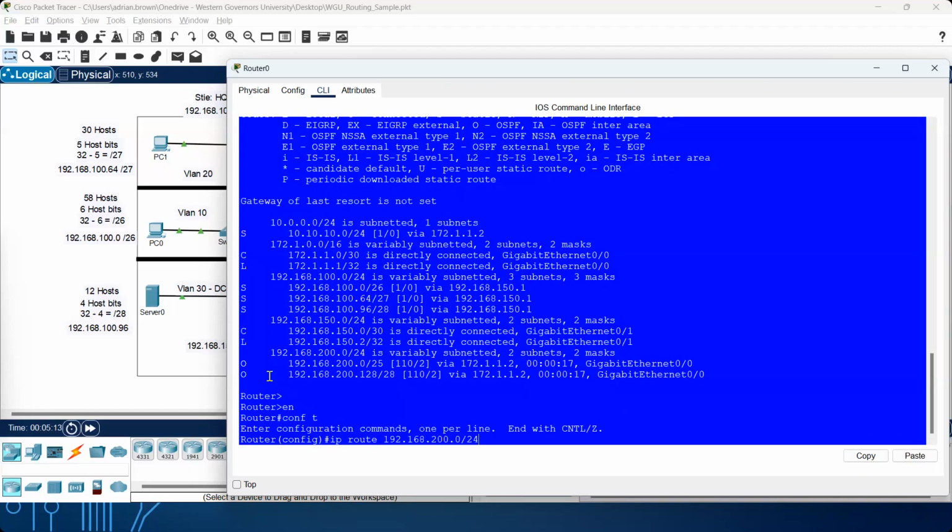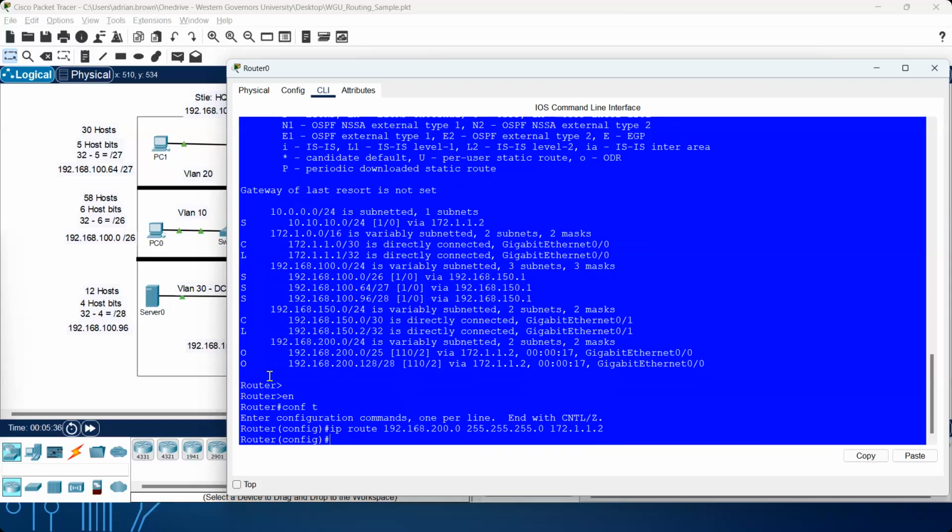We can't do the slash in a Cisco router. We have to say 255.255.255.0, which is /24. And I'm going to get there via the next hop of 172.1.1.2.